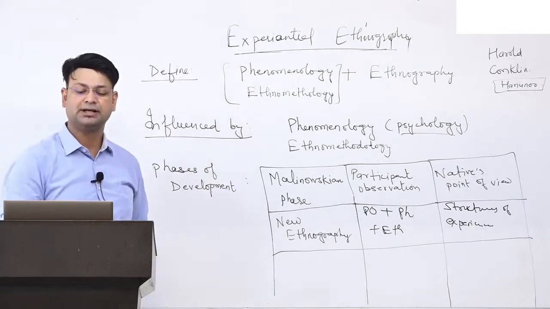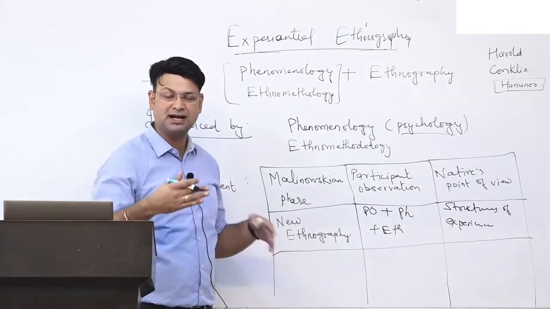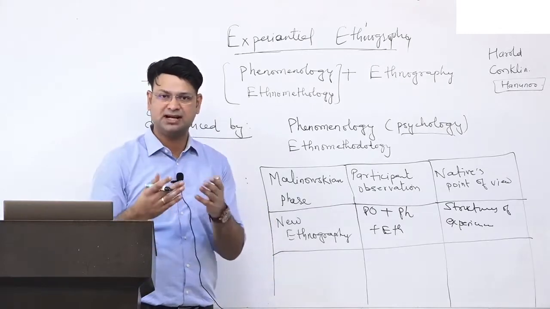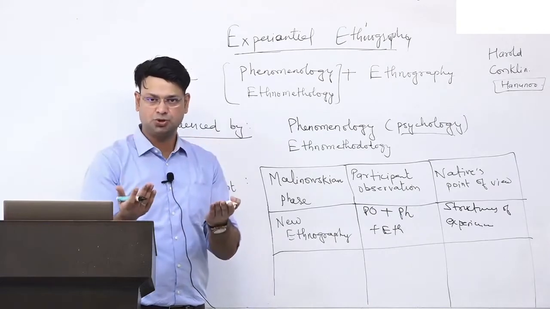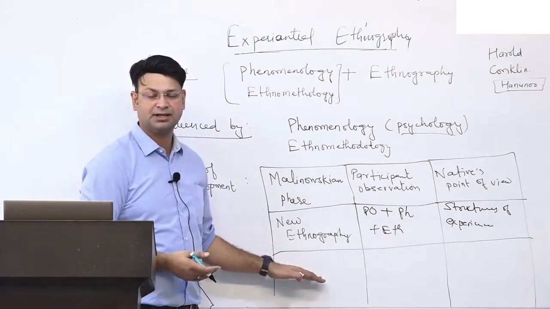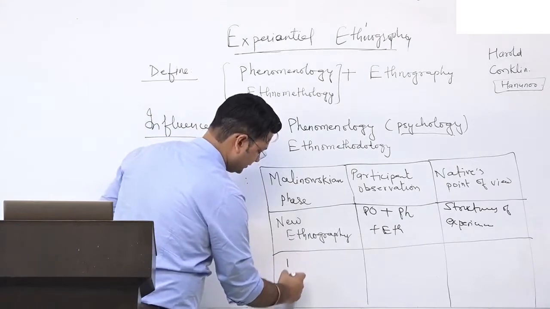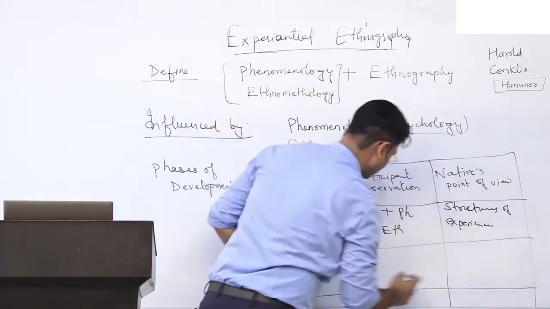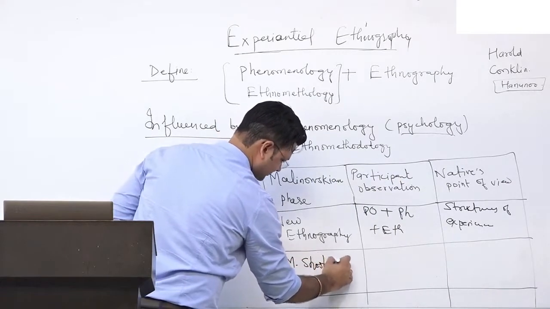After that, people started writing and talking about themselves. They started uttering what they feel, telling it to others. That is the third phase, with Marjorie Shostak and many others.